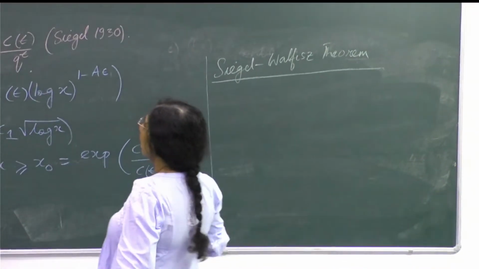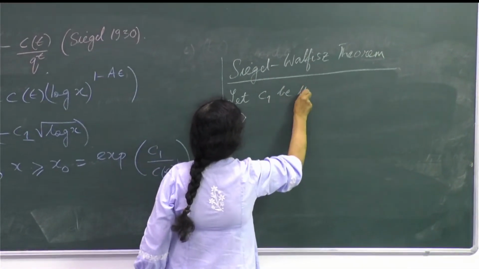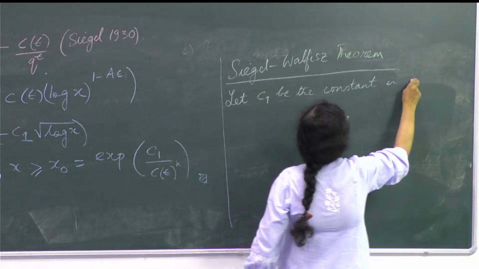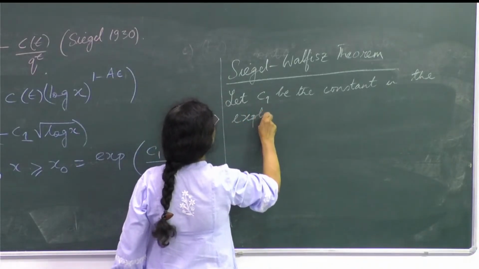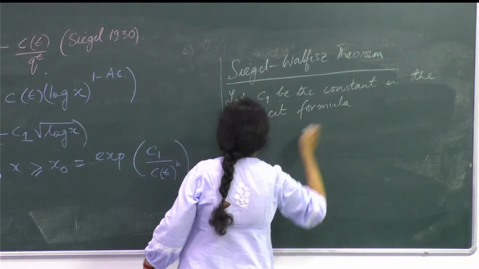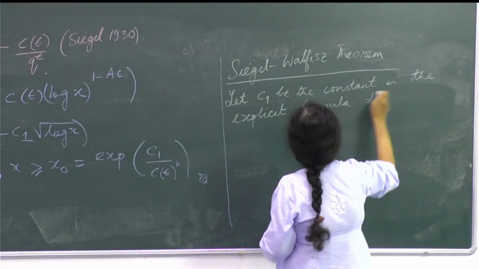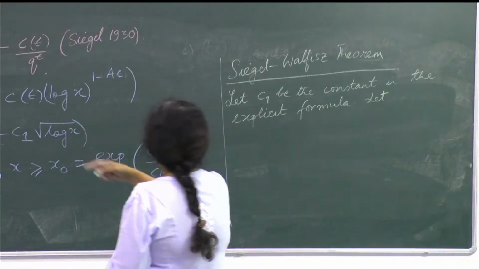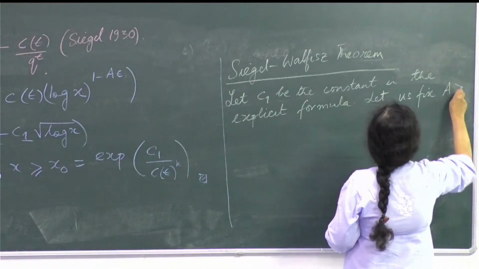Again I will let C1 be the constant in the explicit formula. Okay, we will fix a positive A, that A that we had. Okay, where is it? Here. Let us fix an A. All right.